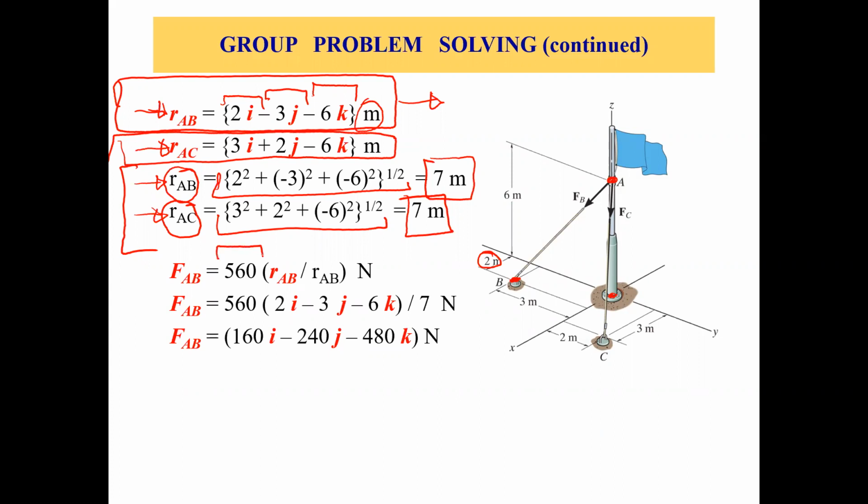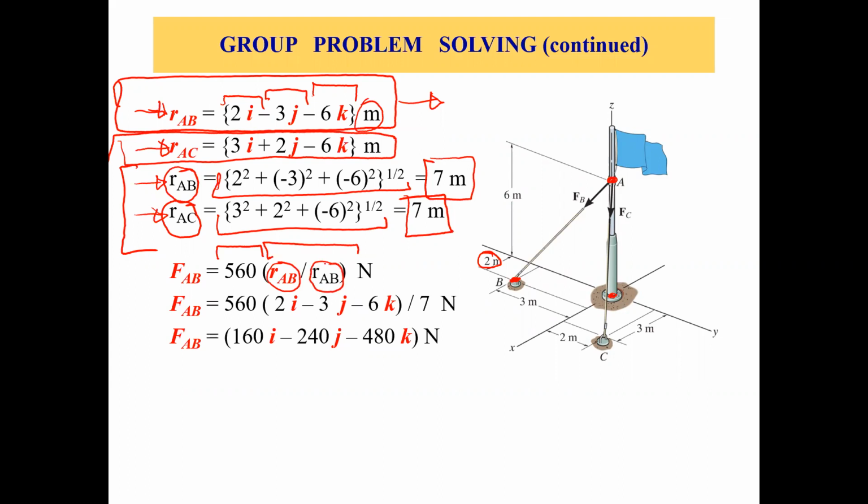FAB equals F times UAB. What is UAB? The unit vector equals the position vector divided by the magnitude of the position vector. So RAB in vector form divided by the magnitude of RAB. This is the vector, this is the magnitude.